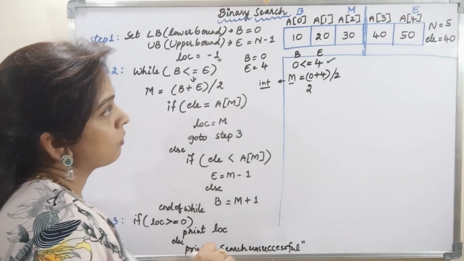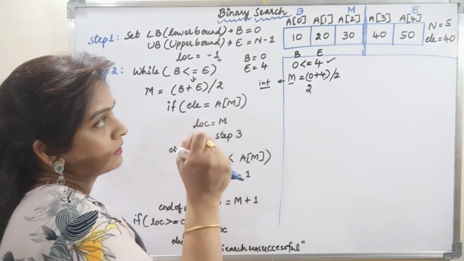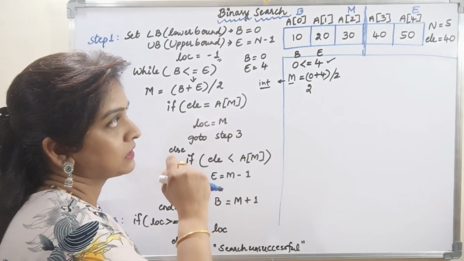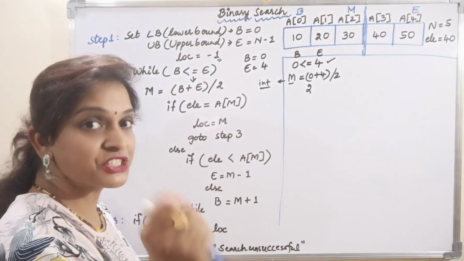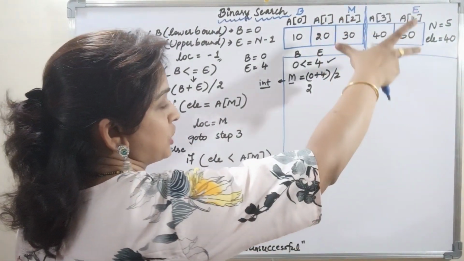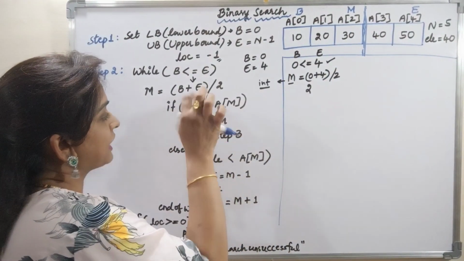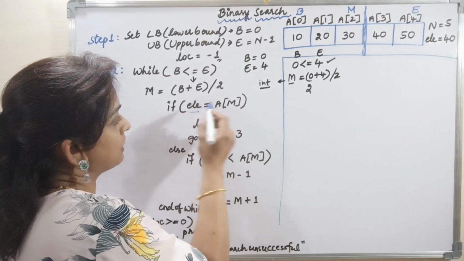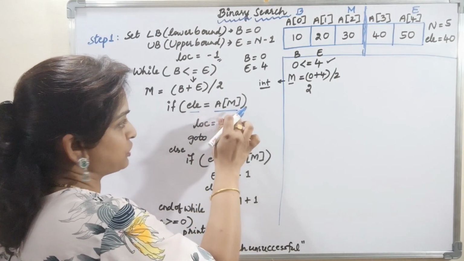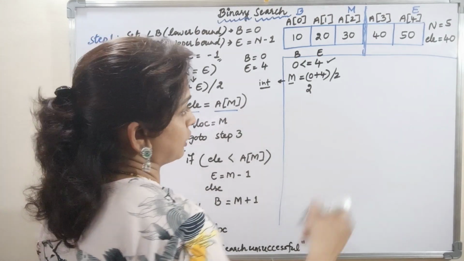So now what happens here? When I go to the mid element, I need to do the comparison with the search element. So this part is done. Check the array bound, then find the mid position, then I need to compare the search element with the element in the mid position. What is the search element? Search element is 40.